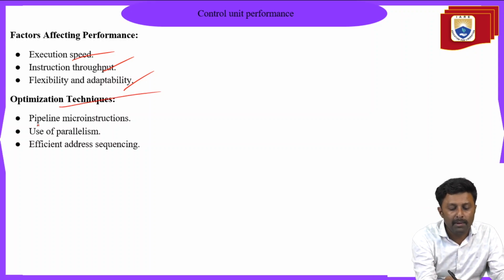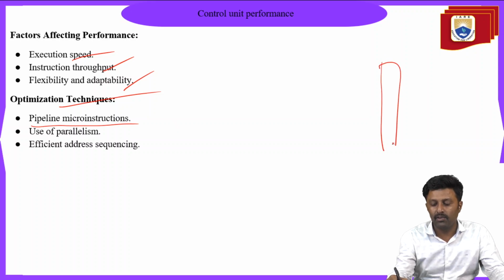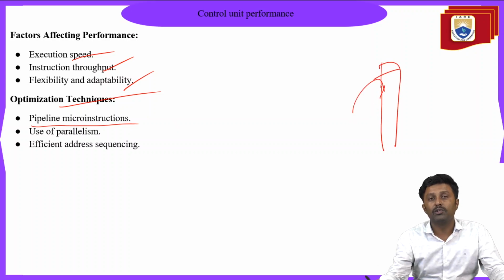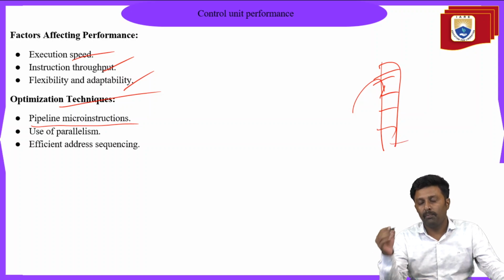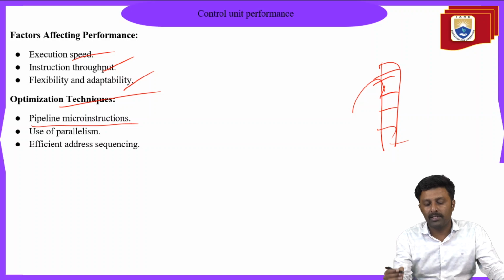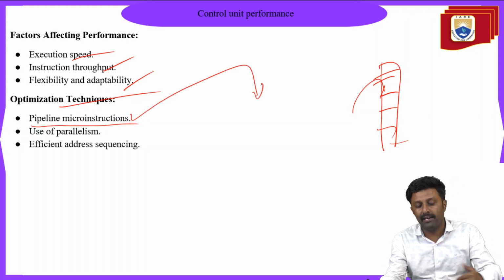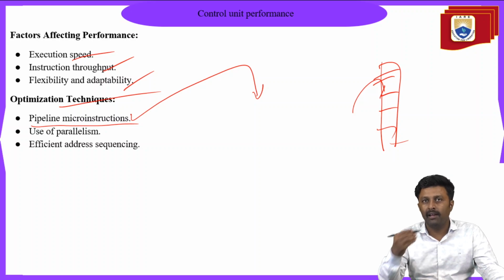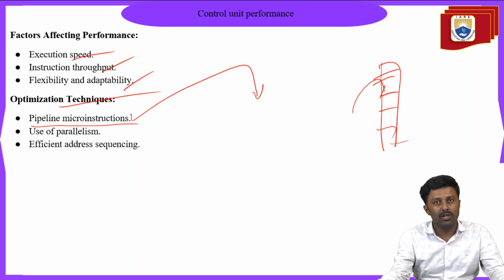We can use pipelining of micro instructions. Once one instruction is executed, the next instruction should be in the pipeline. In a pipelining architecture, while the present instruction is being executed, the next instruction is in the pipeline, so we can save time and improve the performance of the control unit.